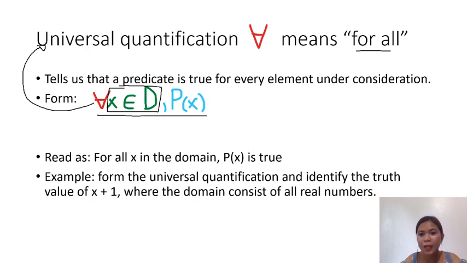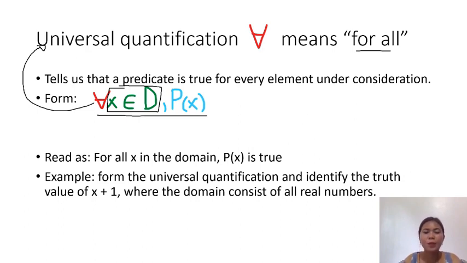So, for example, the domain is cell phone. What are the kinds of cell phone? Let's put mga brand. So, it can be iPhone, Realme, Samsung, Sony, Huawei. Those are the elements of our domain cellphone.